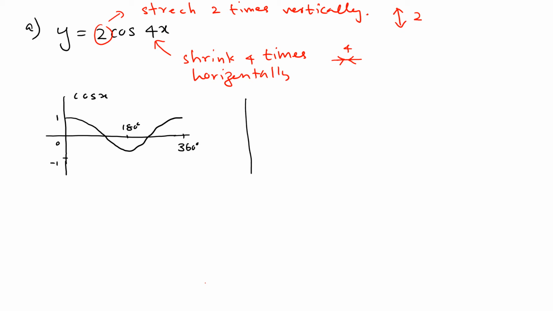So let's graph y equals cosine 4x. What this 4 does is shrink the graph 4 times. The whole graph goes between 0 and 360, with 180 in the middle. Shrinking 4 times means 360 over 4, which is 90.